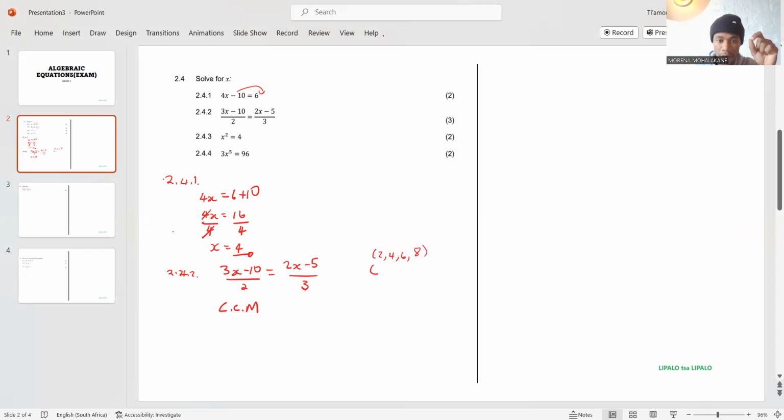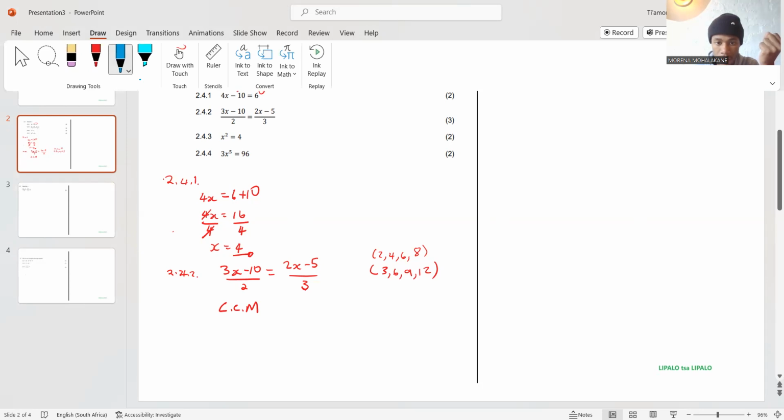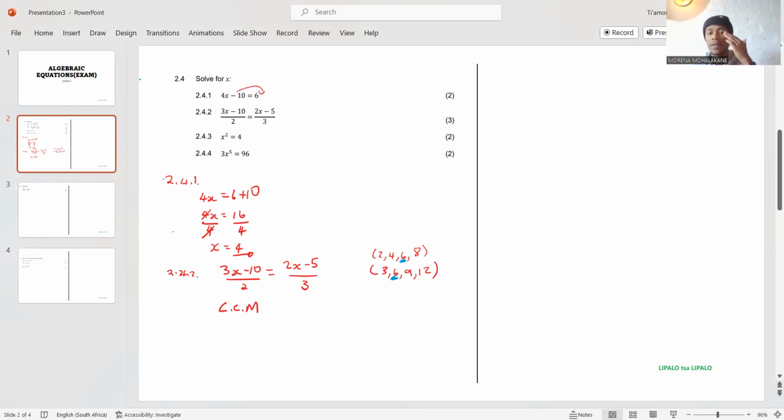Multiples of 3: 3, 6, 9. So the lowest common multiple is going to be 6, because it appears in multiples of 2 and multiples of 3. So it is the lowest, and it is the common one because it appears in both. So my LCM is equal to 6. I multiply 6 with each term here.